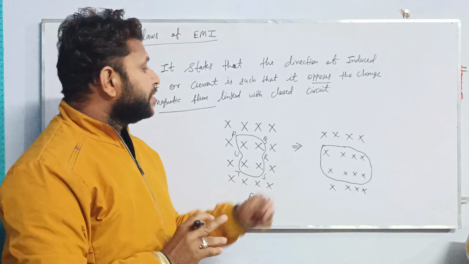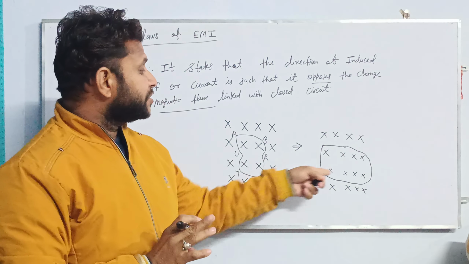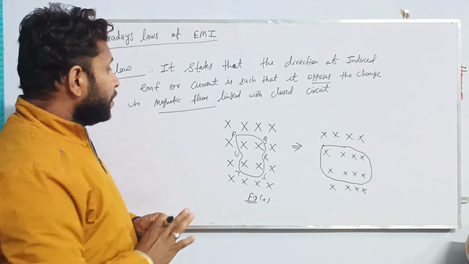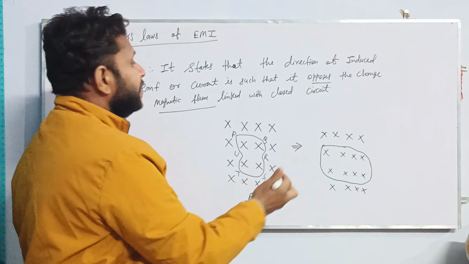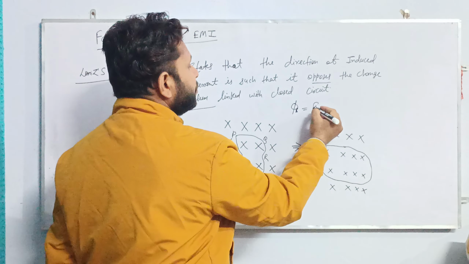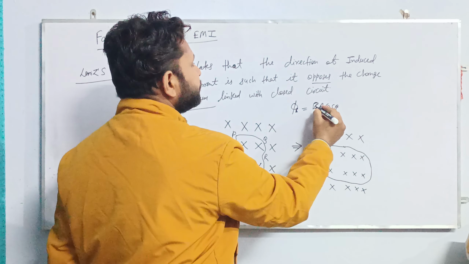What is the direction of the induced current in this coil or in this circuit? As we know, the magnetic flux formula is equal to BA cos theta.